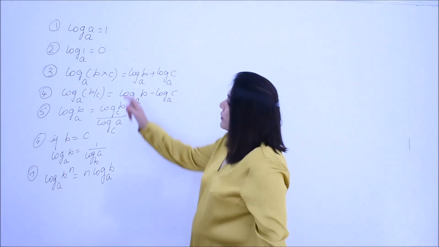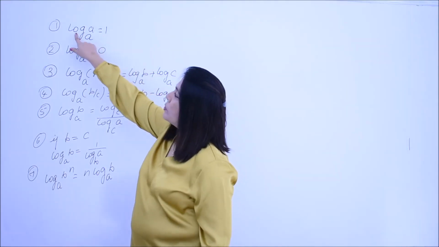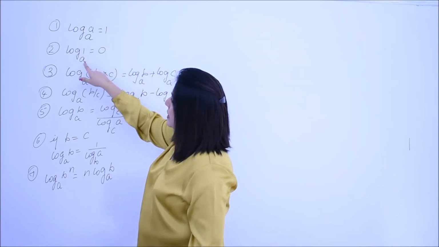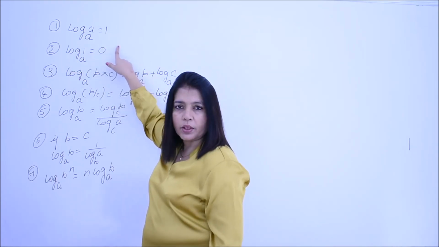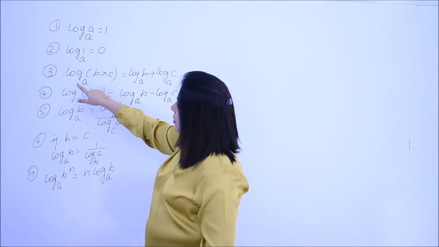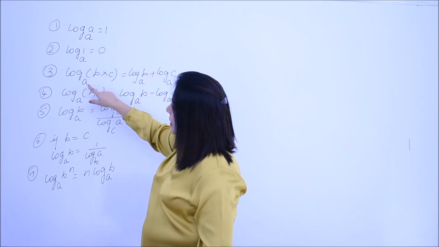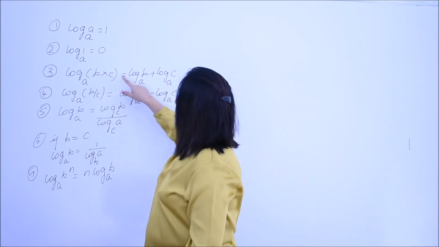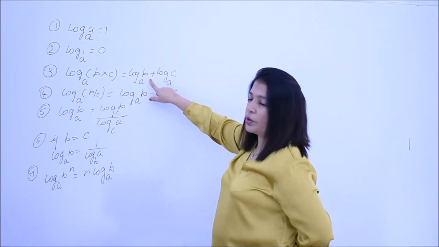To start with, the first law which we saw was log to the base A of A is 1. Second, log to the base A of 1 is equal to 0. If log to the base A, it is B into C, that's multiplication, is equal to the addition of two logs.